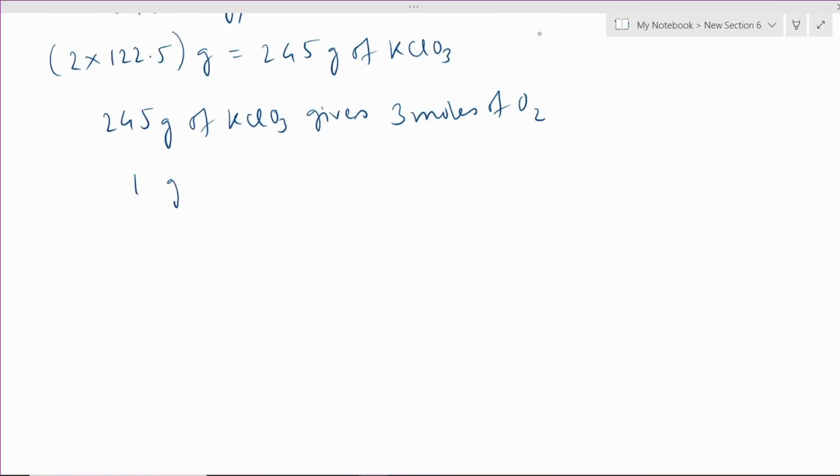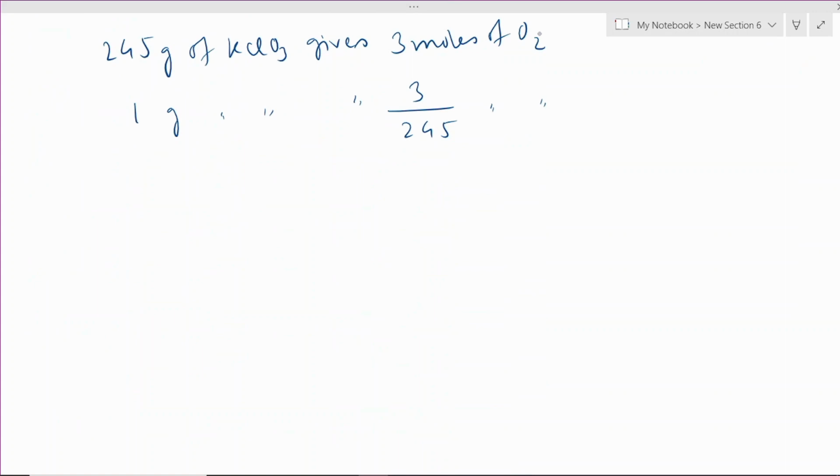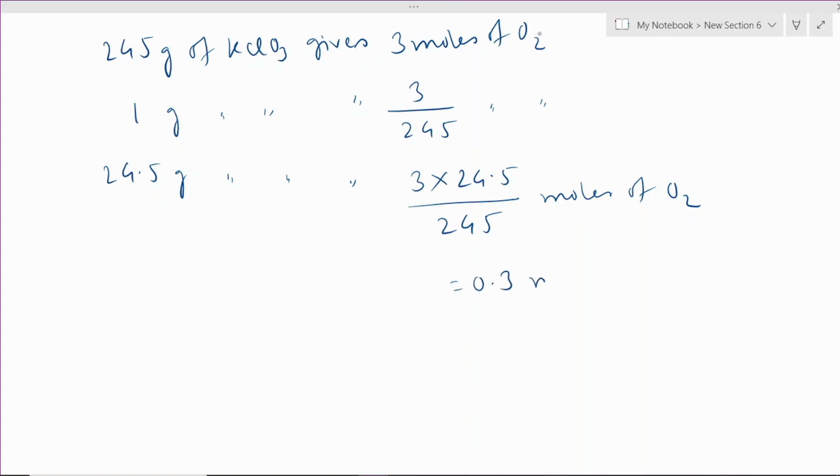So 1 gram of potassium chlorate gives 3 upon 245 moles of oxygen, and 24.5 gram gives 3 into 24.5 upon 245 moles of oxygen, that is 0.3 moles of oxygen.